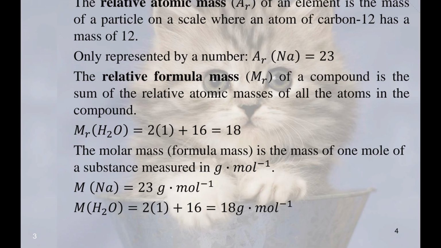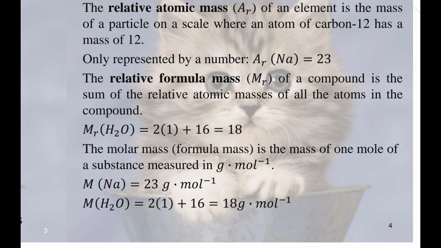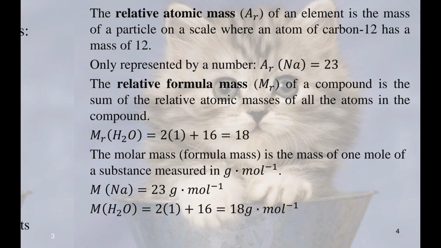When you go to your periodic table, you will find that you have 2 times 1, where 1 is from the hydrogen, plus 16, which is the atomic mass of oxygen. Then 2 plus 16 will give you 18, the relative formula mass of water.